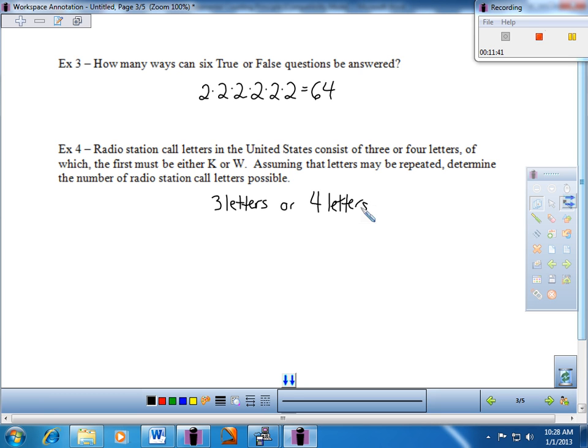I'm going to just sort of do this as I interpret. And in this particular case, I think we want to take the number of 3-letter possibilities and then add them to the number of 4-letter possibilities. I hope everyone's okay with that interpretation. So we're going to find out how many different 3-letter radio stations there are, and then how many 4-letter radio stations there are possible out there, and then we would add them together.